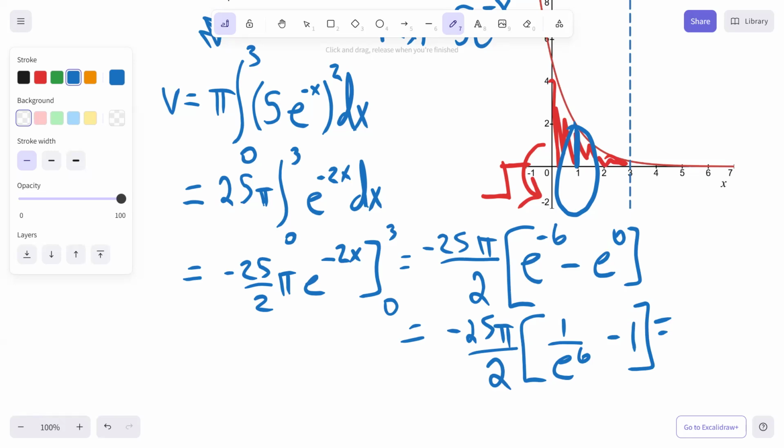And when you simplify that all down and distribute it, it looks like the answer is going to be negative because you have this negative out front here. But be careful, because 1 over e to the 6th is a very small number. Subtracting 1 gives you a negative, and then multiply by that negative 25 pi over 2. You're going to end up with, to 3 decimal places of accuracy, 39.173, and that's going to be the volume of that region there.